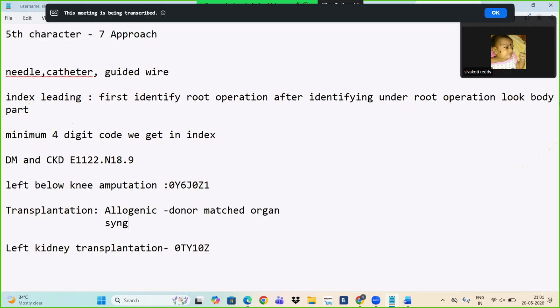Syngeneic means identical twin brother or twin sister. Not family members, only identical twin brother or twin sister. Zooplastic means animal.